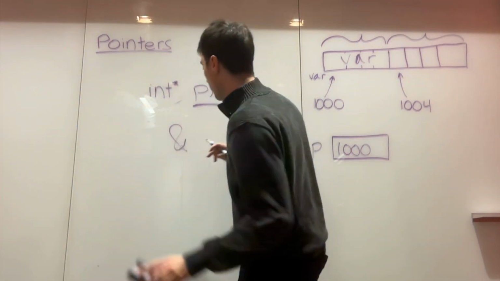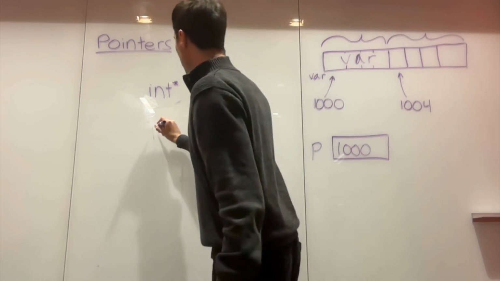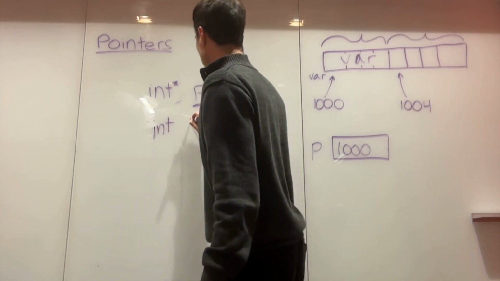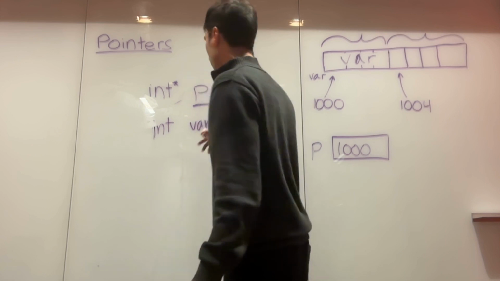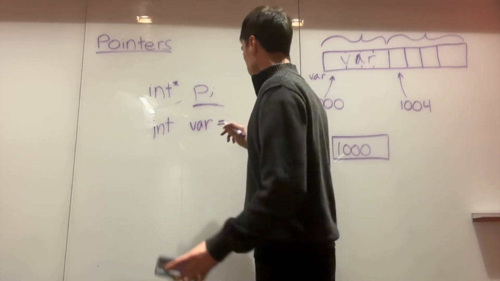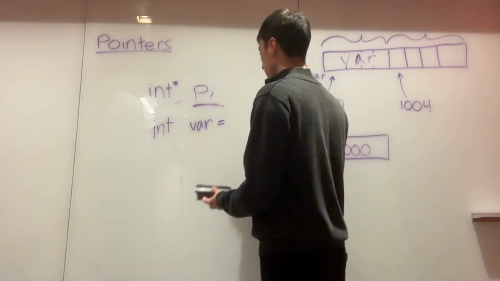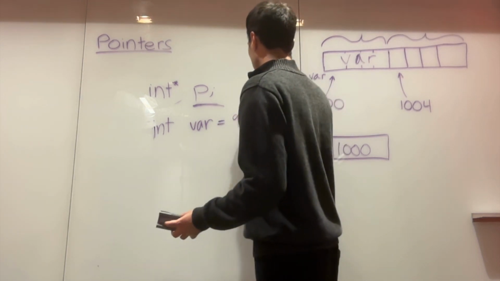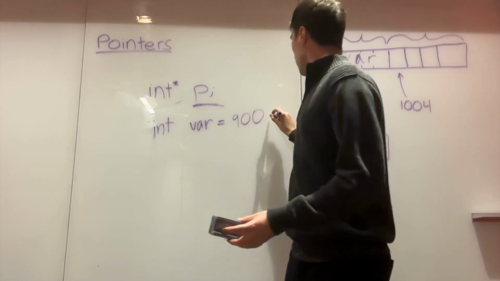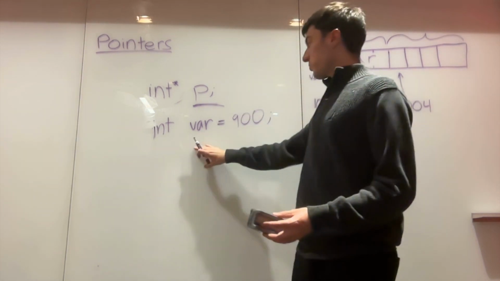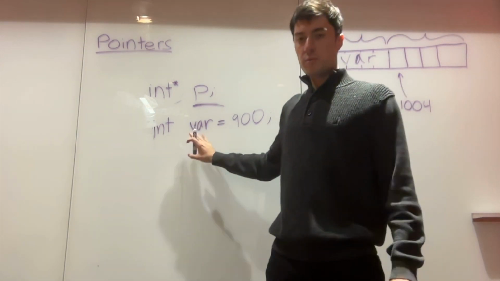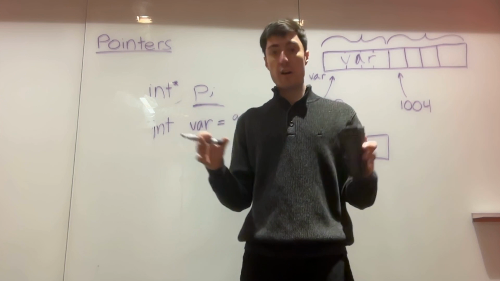Let's declare a different one. So int var, and then we can initialize it to 900, right? Okay, cool. Boom. There we go. So we have a variable. Now this variable, var, is going to live somewhere in memory.